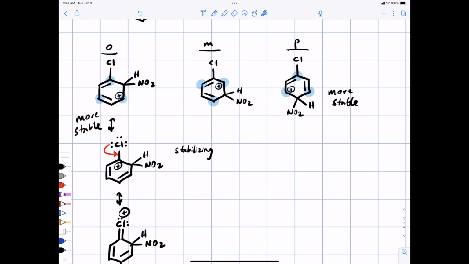Does it change if you add an electron donating group to a benzene that already has an electron donating group? I'm not sure. Are you asking what if I have a benzene ring with two donating groups?